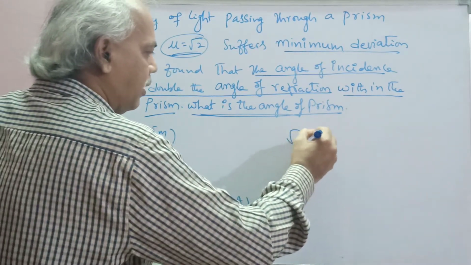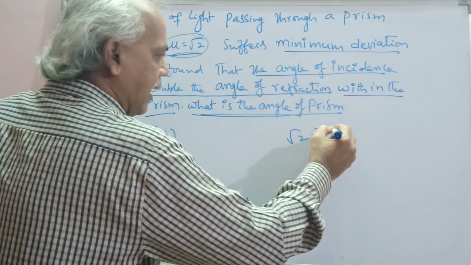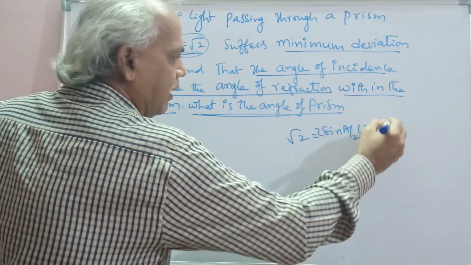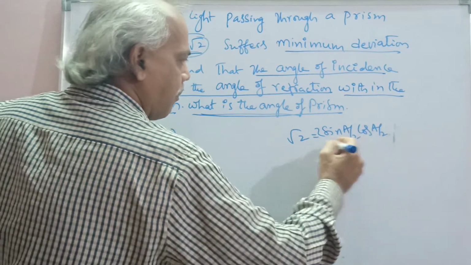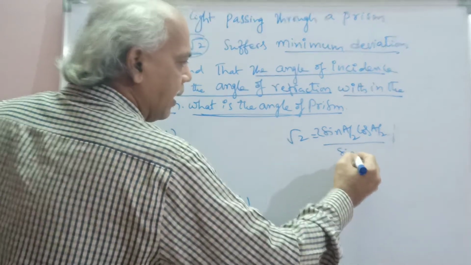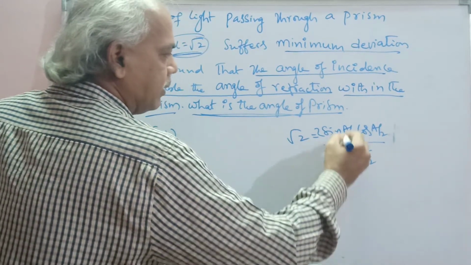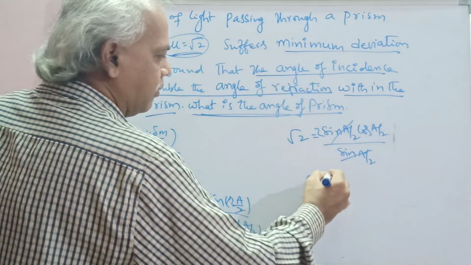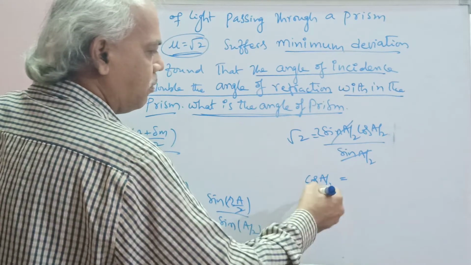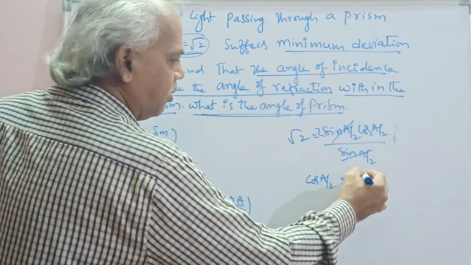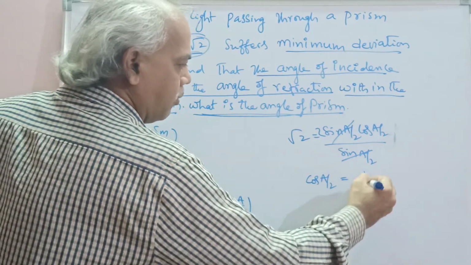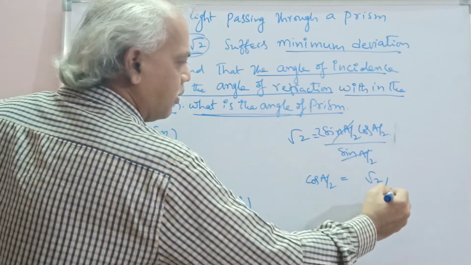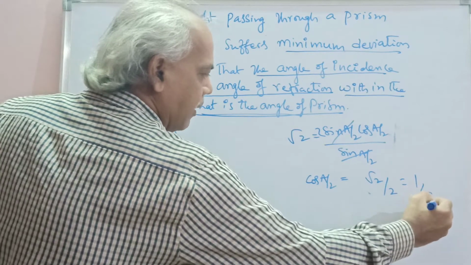So root 2 is equal to 2 sine A by 2 cos A by 2 divided by sine A by 2. So sine A by 2 will cancel. Cos A by 2 is equal to what? Cos A by 2 is equal to 1 by root 2, because here root 2 by 2 is equal to 1 by root 2.